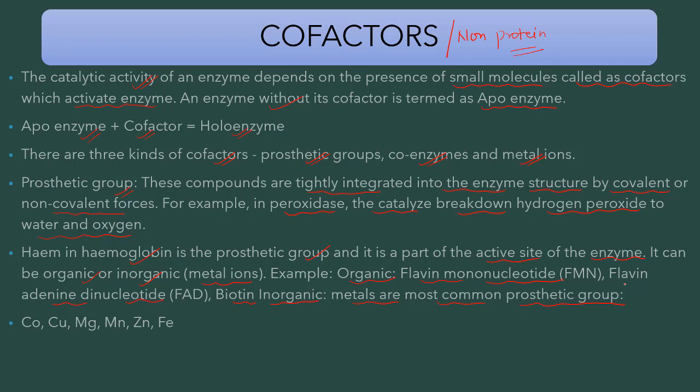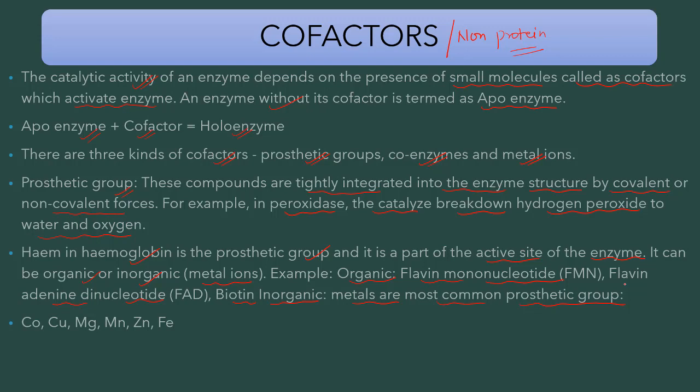These prosthetic groups are tightly integrated into the structure of the enzyme with the help of covalent or non-covalent forces. For example, peroxidase catalyzes the conversion of hydrogen peroxide into H2O and oxygen. Heme in hemoglobin is the prosthetic group and it is a part of the active site of the enzyme.